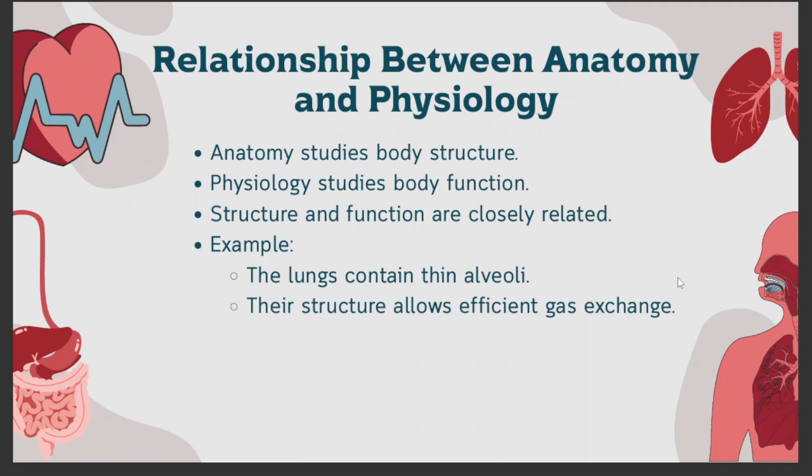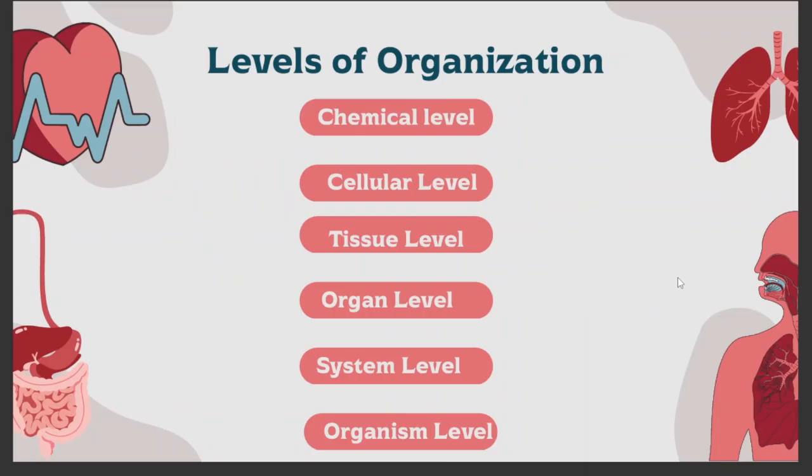Anatomy is going to tell you that it is a thin structure. It is physiology that is going to explain to you that this structure allows for efficient gas exchange. All right. So that's the relationship between anatomy and physiology. Anatomy talks about the structure, physiology talks about the function.